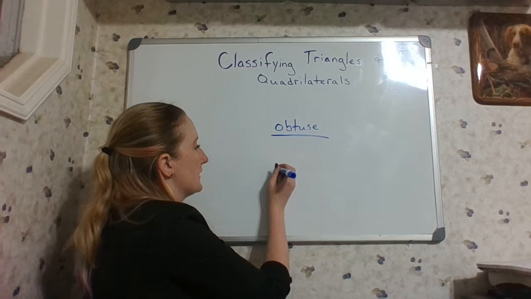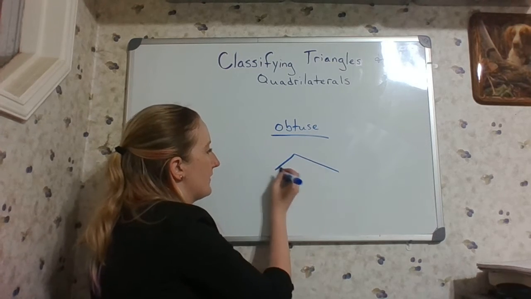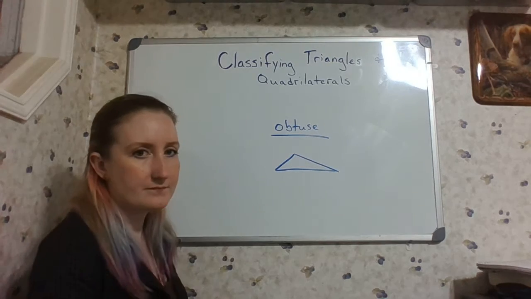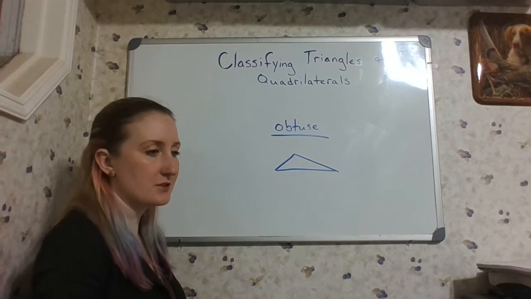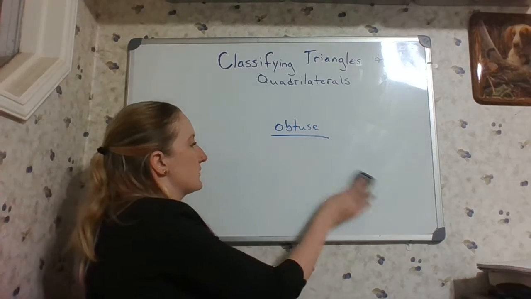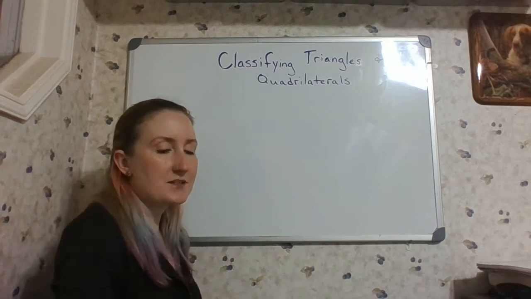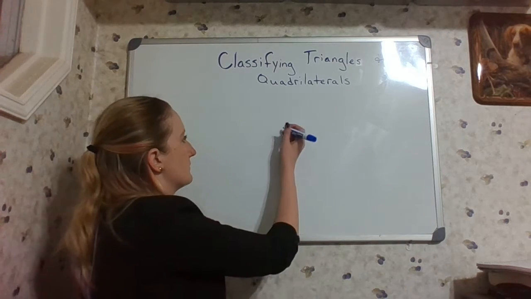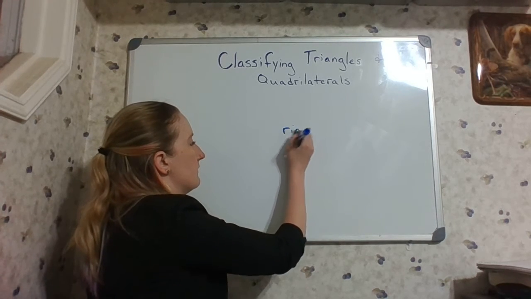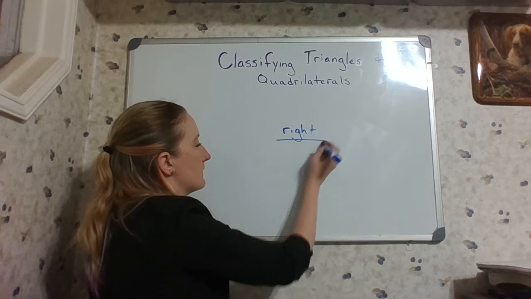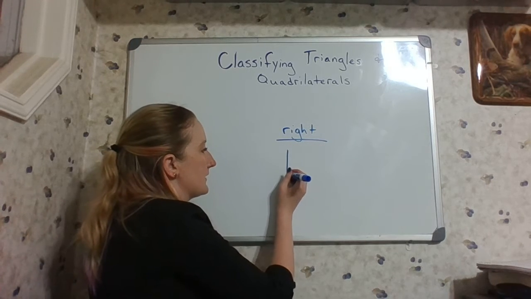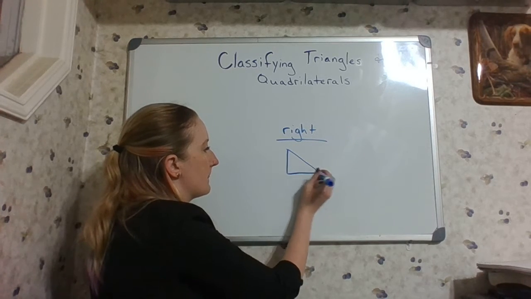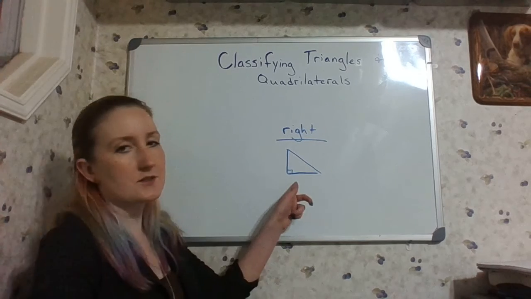And so it looks something like this. And besides an obtuse, the last one is a right triangle, which everyone should be familiar with. And a right triangle has 1 right angle. And so it looks like this one. And it will always be marked that it's a right triangle.